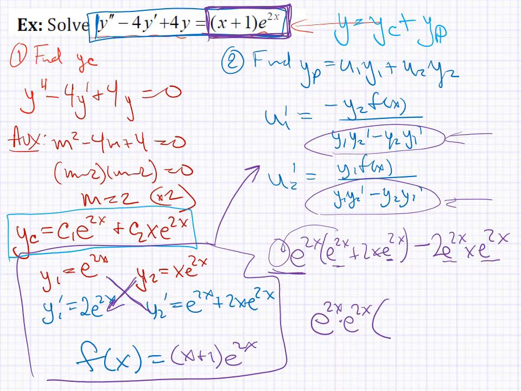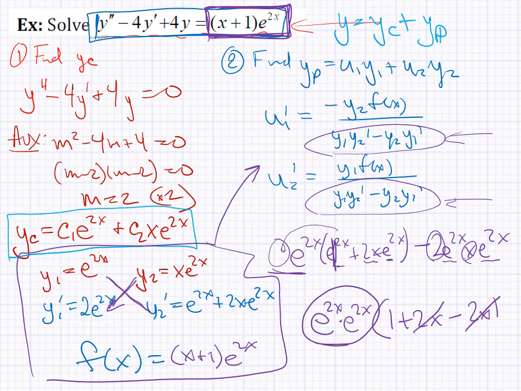If all that comes out, I'm going to be left with a 1 plus 2x, okay, minus, then here's another 2x. So they'll cancel. So ultimately, this whole thing just turns into e to the 2x times e to the 2x. So that's the denominator down here in each of these. So keep that in mind. So then all we need is the numerator, and then we got our u1 and u2 prime.